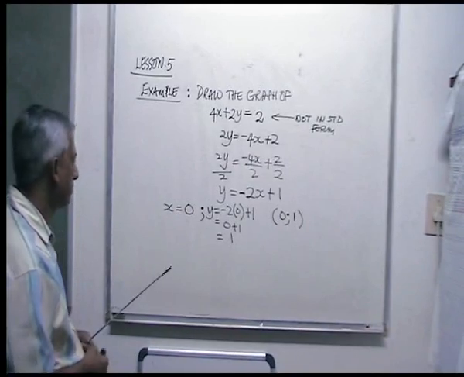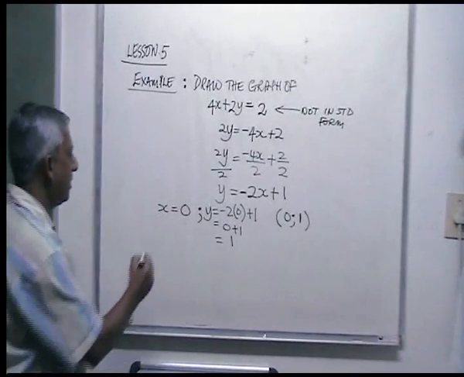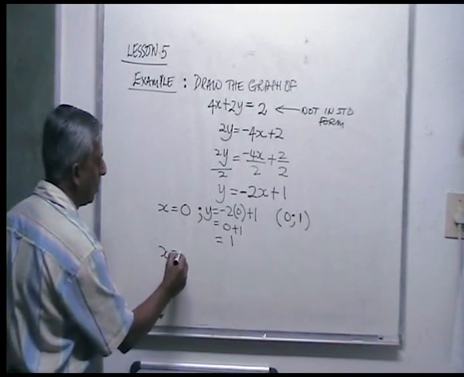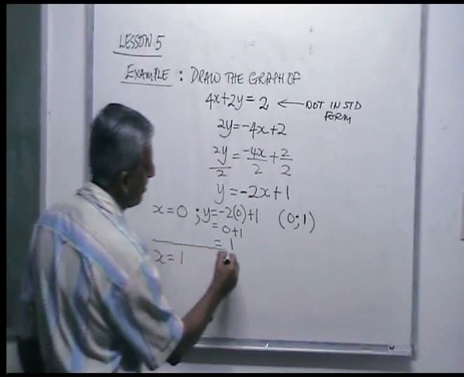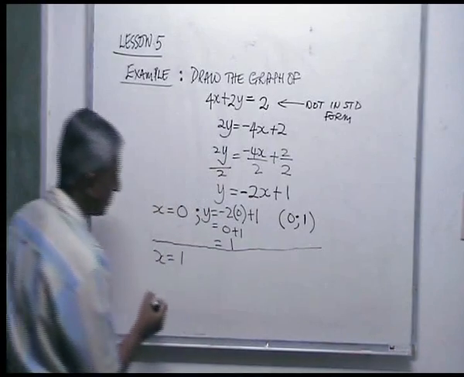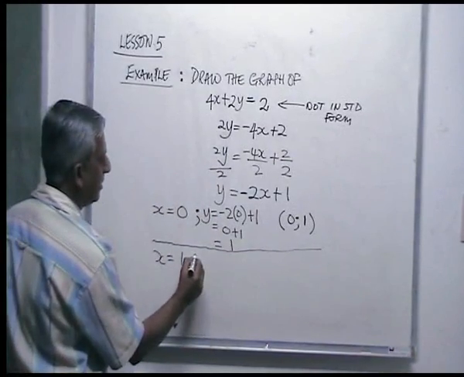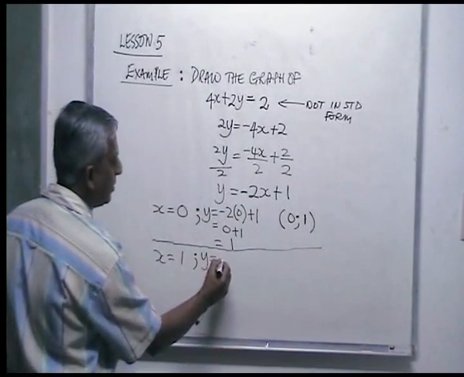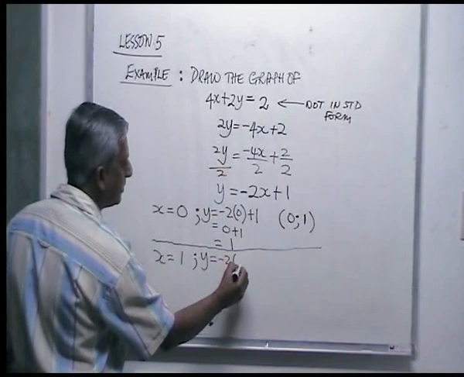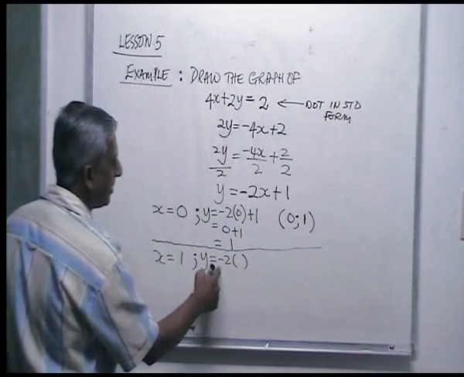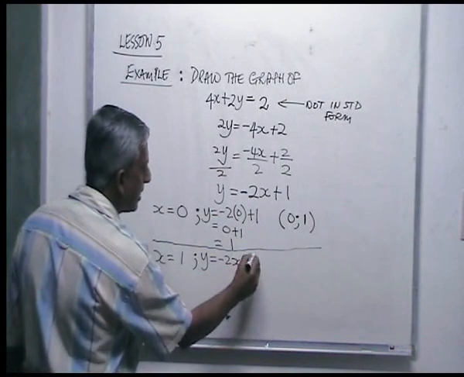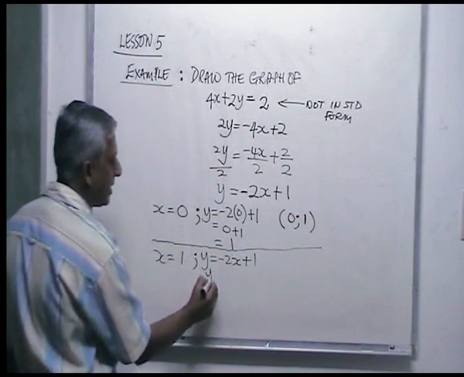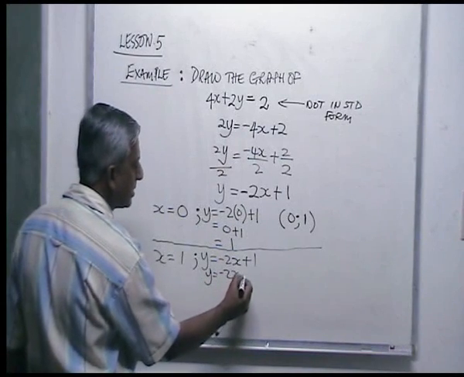Okay, now let x be 1. So just draw a little line here to separate the work so that you don't get confused. Now x is 1, then y is equal to minus 2 times something. Let's do it step by step. There's your question, right? So y is equal to minus 2x plus 1.